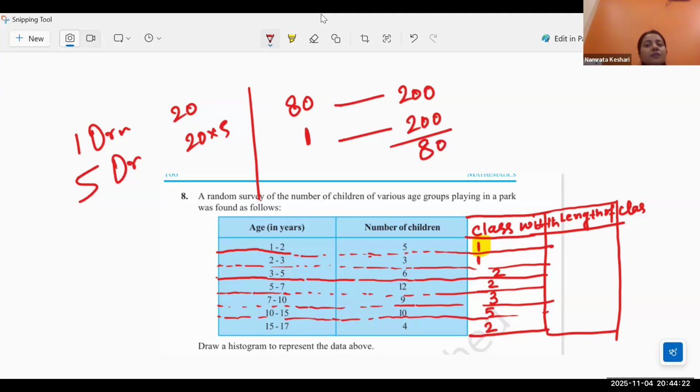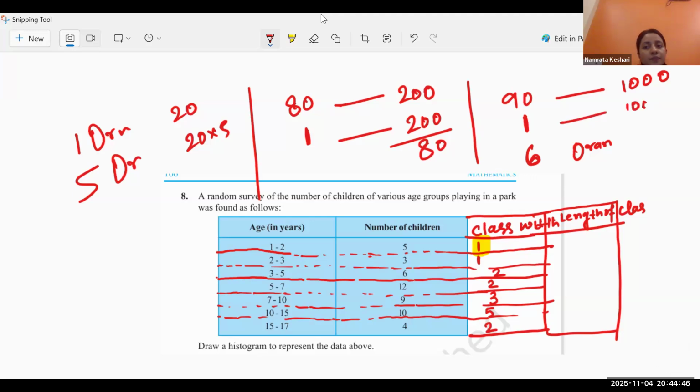The third case is when 90 oranges' price is given as 1000 rupees and you want to find the price of 6 oranges. Here you have to use the first case as well as the second case. First find the one orange price by division like this, and then by using case 1, going from 1 to 6, do the multiplication. Yes or no?